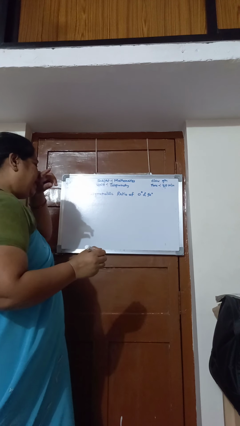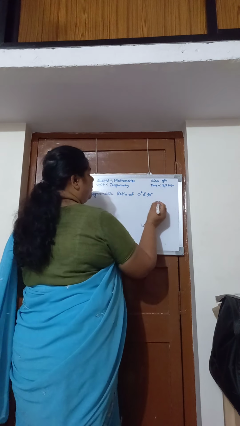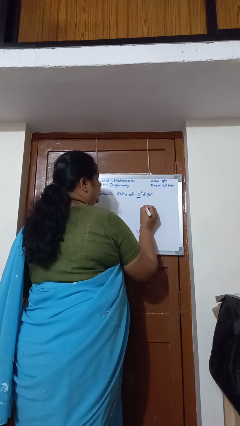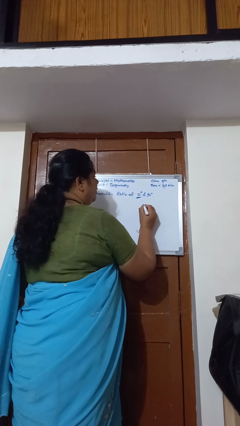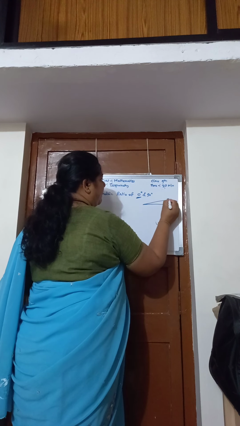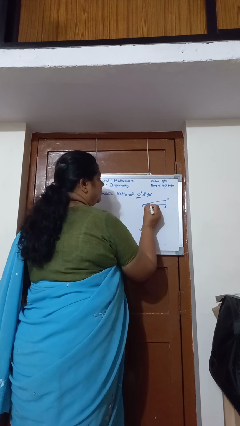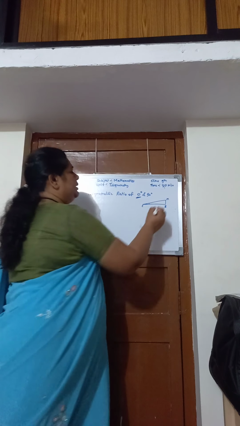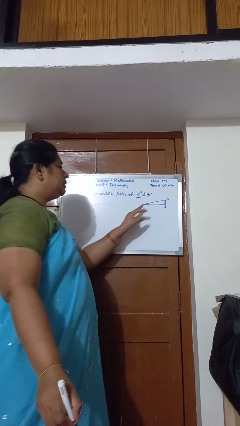We have to consider a figure here for 0 degree. 0 degree means nothing. We have taken a very small angle. In this triangle, this is 90 and this is 0 degree.